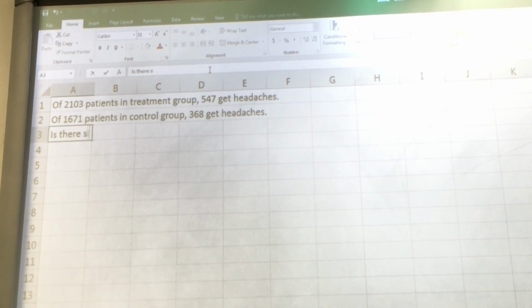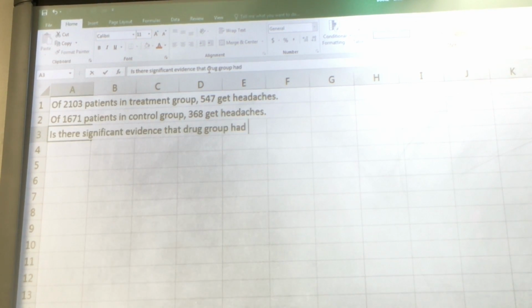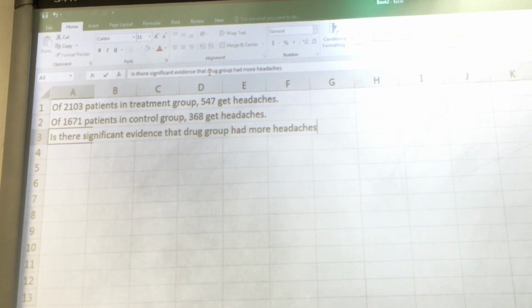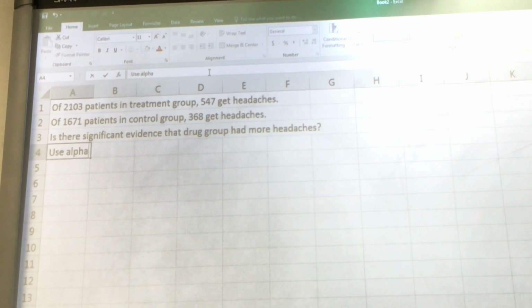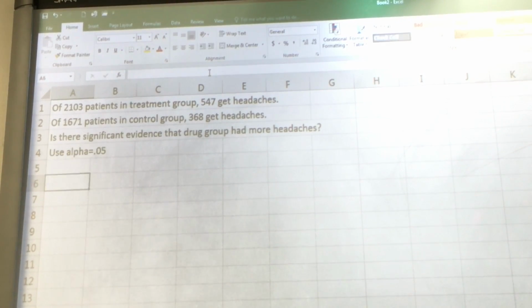Is there significant evidence that drug groups have more headaches? Use alpha equal to 0.05. Okay?